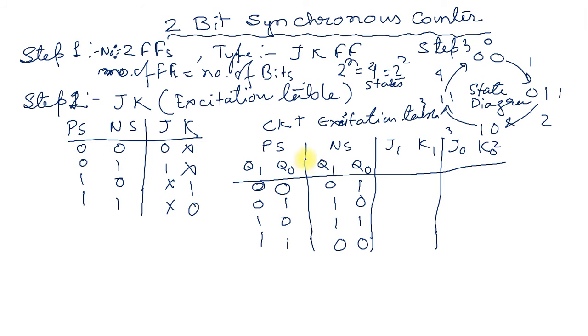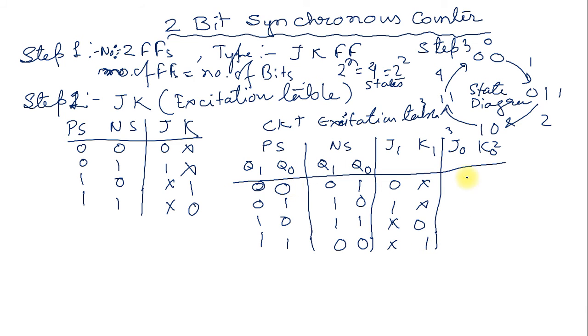So when 0 0, that is 0, don't care. When 0 1, that is 1, don't care. 1 1, that is don't care, 0. 1 0, that is don't care, 1.